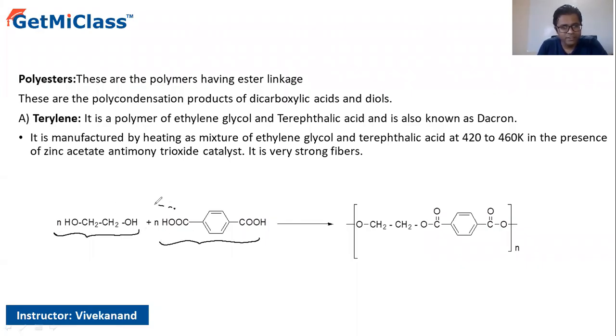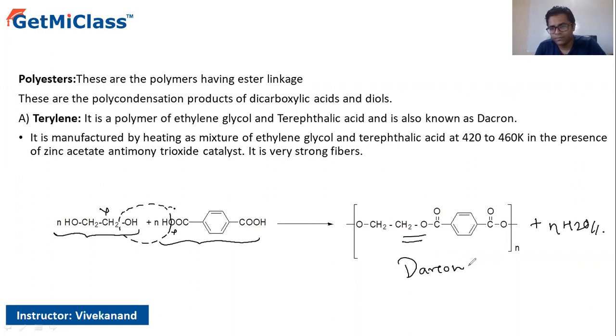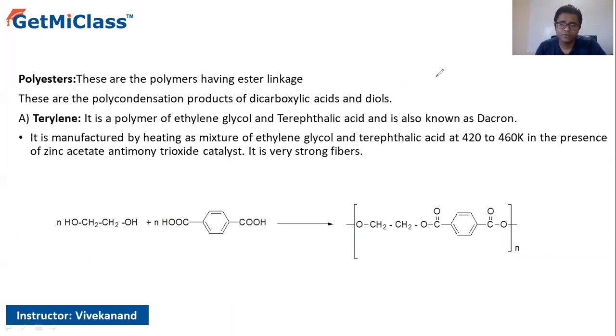The reaction occurs at this particular position, and therefore it forms the bond. That is, this carbon forms a bond with this oxygen, which can be observed here. When the reaction occurs, it eliminates n number of water molecules, and this is our Dacron. Correct.